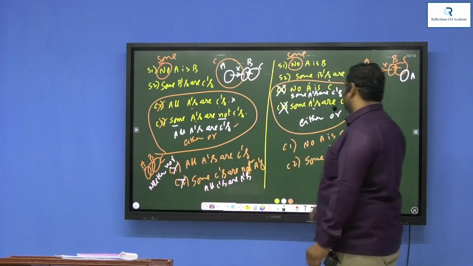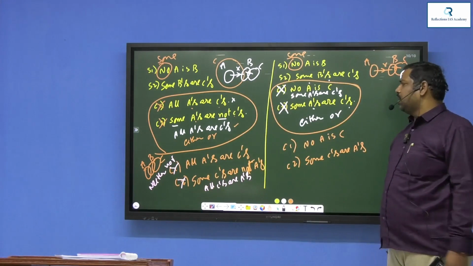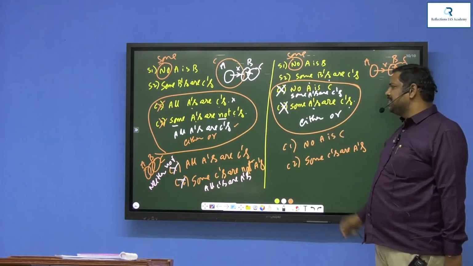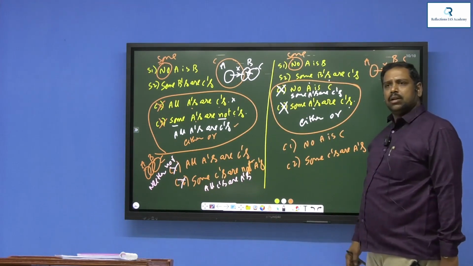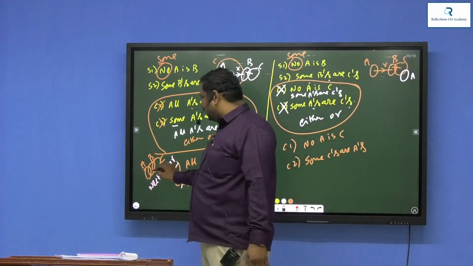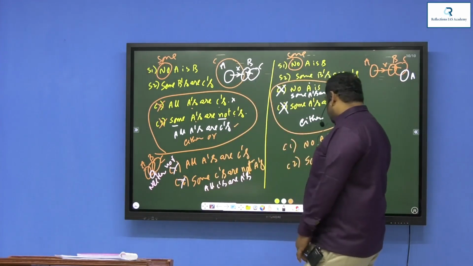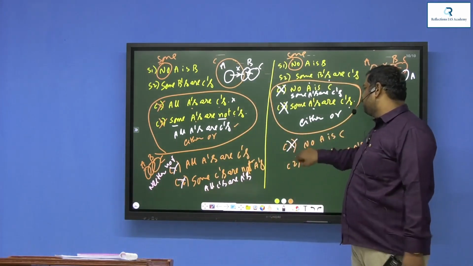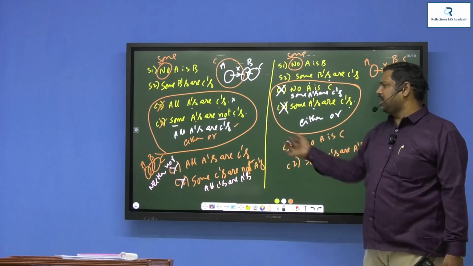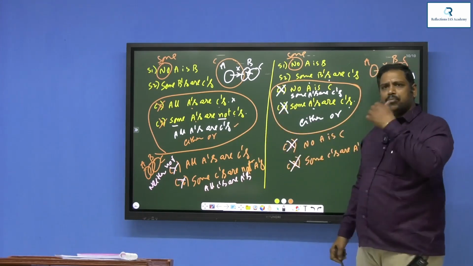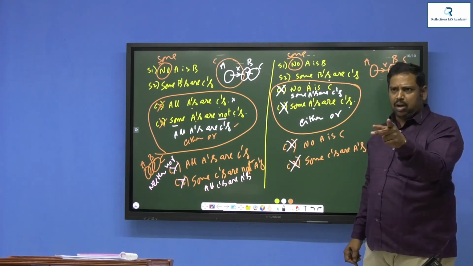Come to this one. No A is C. From the basic it is correct, definite negative. Go with the negation: some A's are C's. I can draw C like this, possibility is there. So negation possible means the conclusion is wrong. Some C's are A's: definite positive, from the basic it is not happening, so ruled out. Individually both are wrong. As usual, I have to think of either or and neither nor.